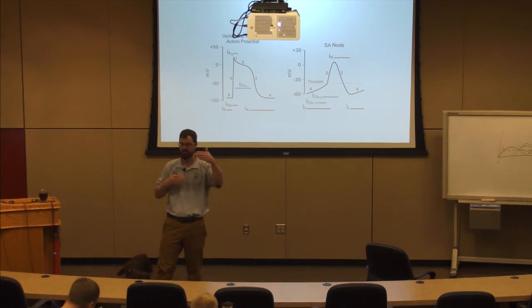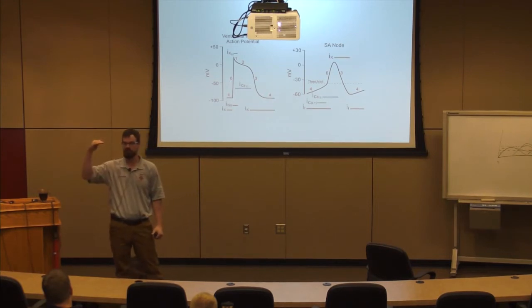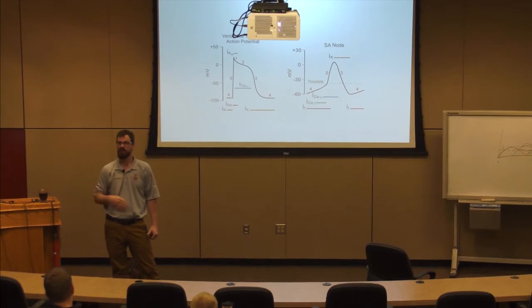I set up a polarized state, but then I essentially allow ions to leak until I reach that threshold potential, and then I get my all or none phenomenon, right? And what does that do? It allows me to generate a spontaneous electrical signal, right? And the SA node does that at about 50 to 100 beats a minute, okay?